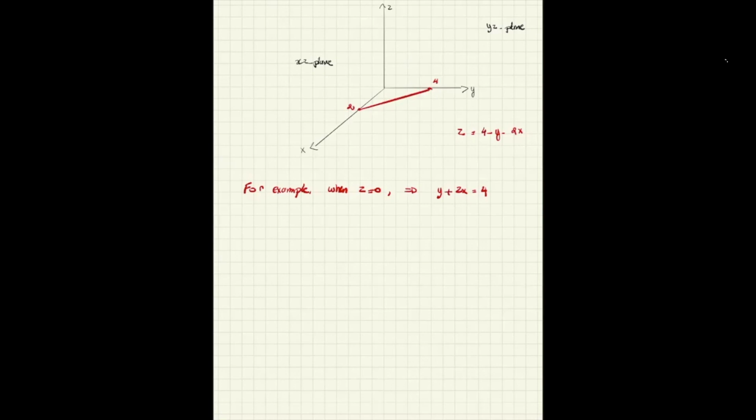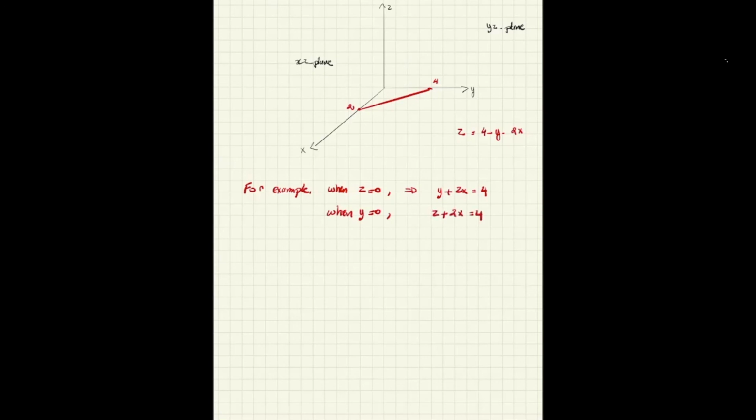And now we do the same thing. If I project on the xz plane, it means that y is equal to 0. This means that z plus 2x is equal to 4.